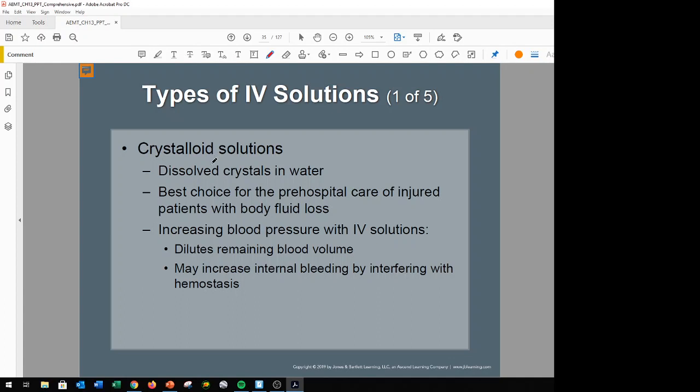Crystalloid solution. It's a solution of dissolved crystals. The crystalloid solution has an ability to cross the cell membrane, and that's a good thing. We need approximately 3 milliliters of crystalloid solution to equal 1 milliliter of blood, so it's a 3-to-1.